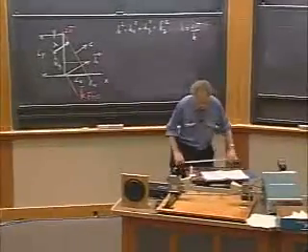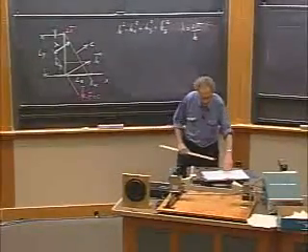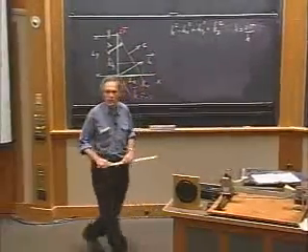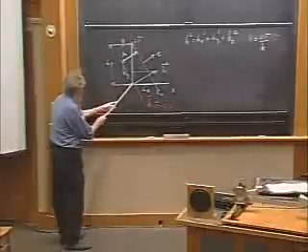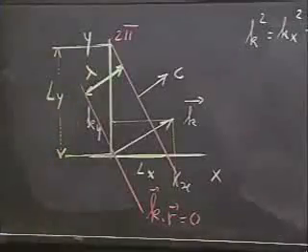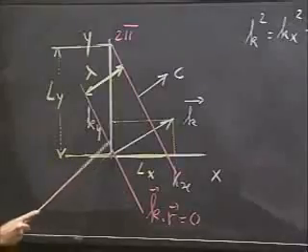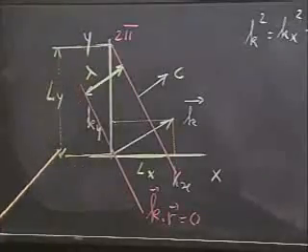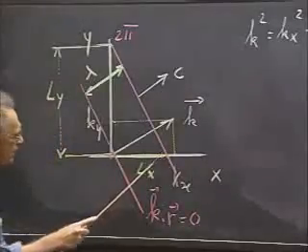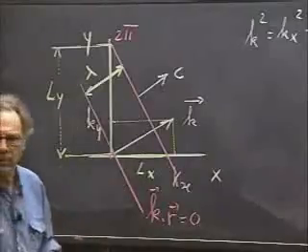Now look at the intersection of this wave with the y-axis. This wave intersects there. And so the distance from here to here is Ly, which is way larger than lambda. And the same is true for the distance in the x direction, it is also larger than lambda.